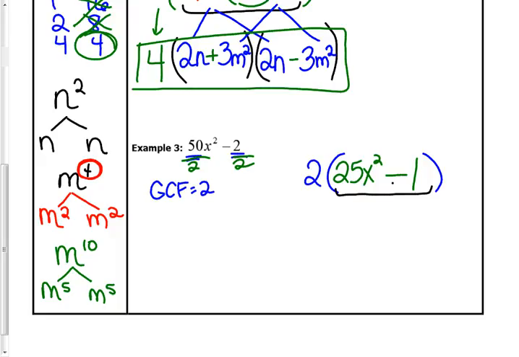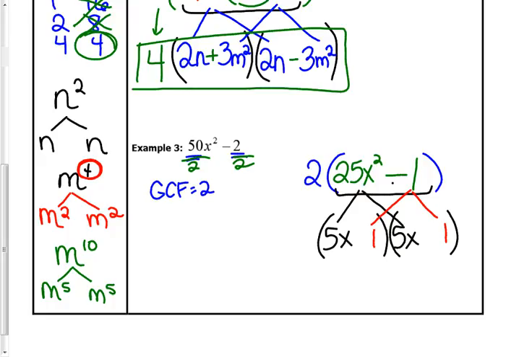So this 25x squared can actually get split into 5x and 5x. 25x squared is 5x times 5x. 1 is also a perfect square. Sometimes people forget that 1 is a perfect square because 1 can be broken down into 1 times 1.